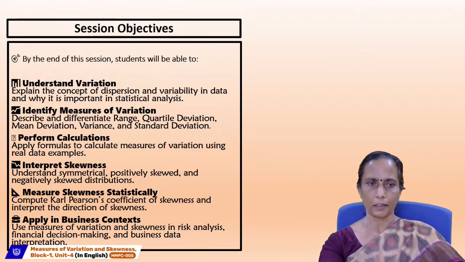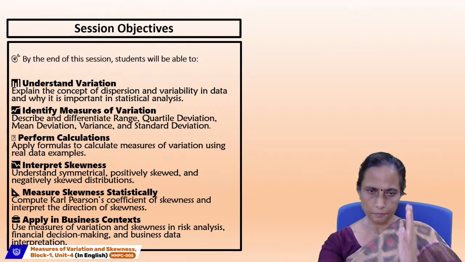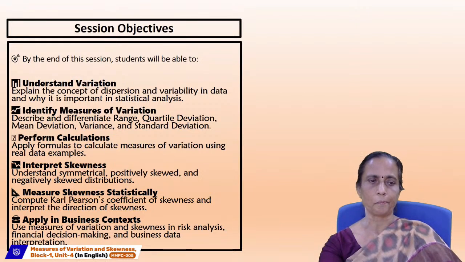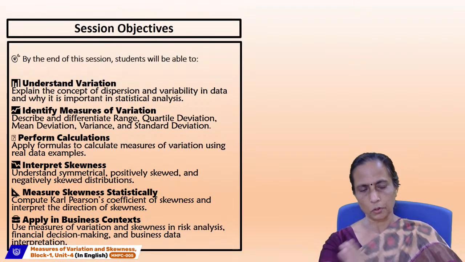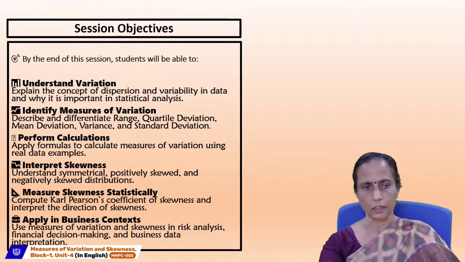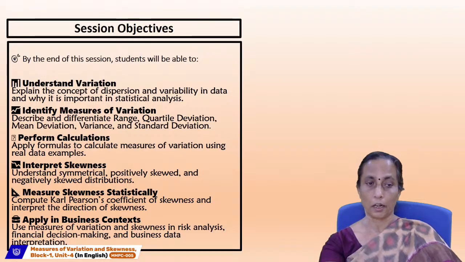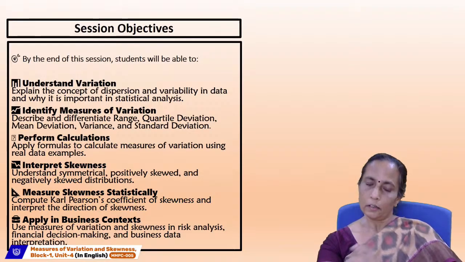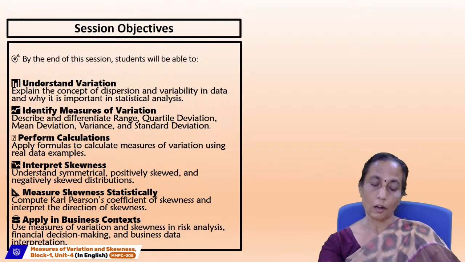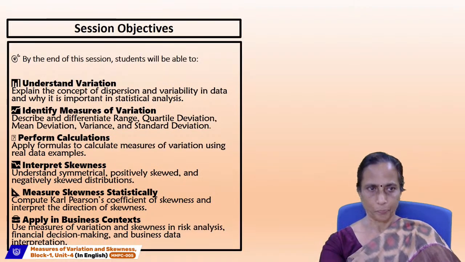Then we will be identifying the measures of variation like mean deviation, variance, standard deviation, etc. And we will be performing certain calculations, basically the standard deviation calculation, basing on which you can also calculate the variance, and interpreting the skewness, and we will discuss a little bit about how we can apply this in our business contexts.